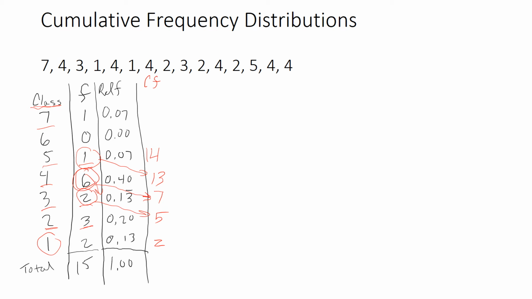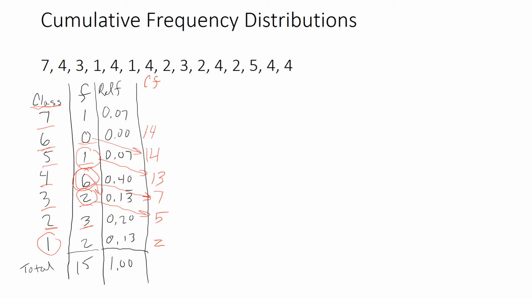For the class of 6, we have a frequency of 0. Now, we don't want to skip 6. You notice that we've left 6 in all of those, even though there's a frequency of 0. And this is part of the reason why. We have a class of 6, but that is an empty set. But with all lower ranked, the 0 plus the 14 would still give us a cumulative frequency of 14 for the class of 6.